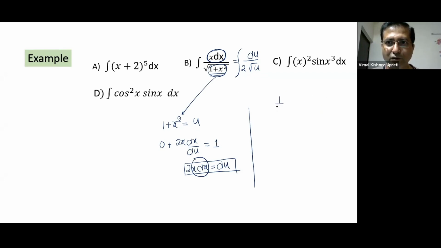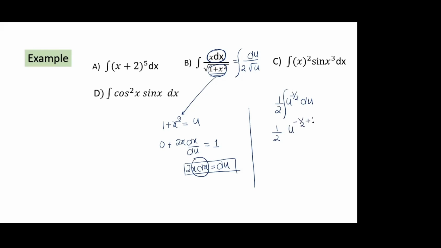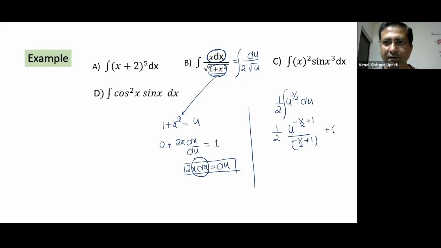So 1 by 2 is a constant, I'll take the constant out. I can move this to the numerator: u to the power minus 1 by 2 du. The x to the power n formula I can use: u to the power minus 1 by 2 plus 1, divided by minus 1 by 2 plus 1, plus constant c.